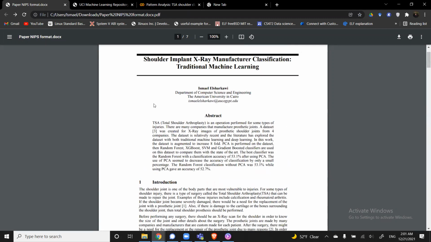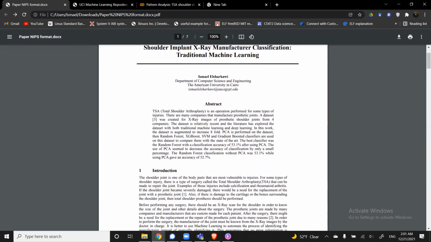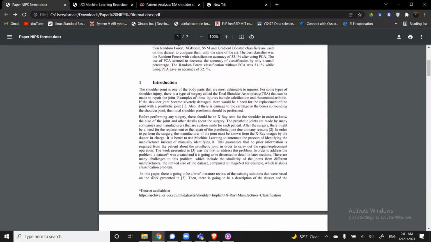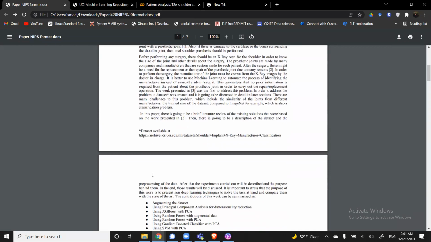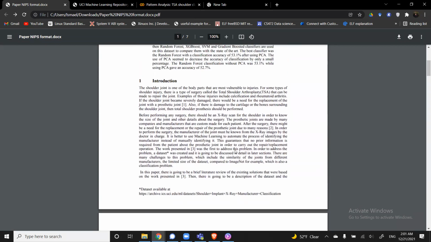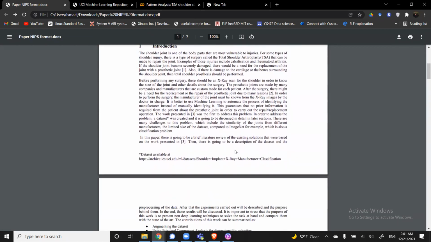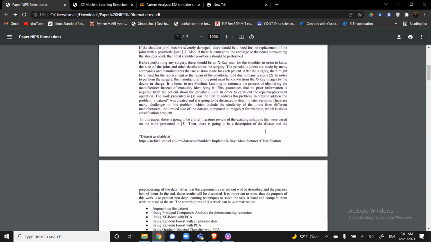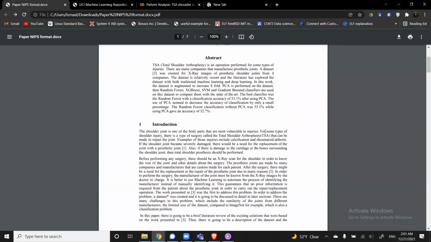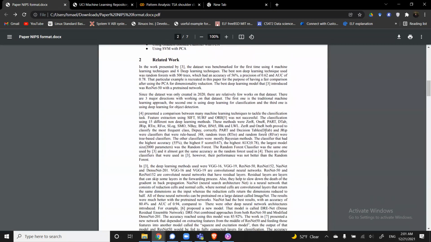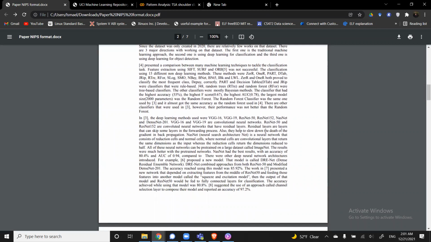So what did the person who originally proposed this approach do? Well, he used a lot of machine learning and deep learning techniques to solve the problem. And there were other people who used the same data set to try to solve the problem. The best accuracy he reached was, no, I'm sorry, it was 80.4% using a network called NASNet.